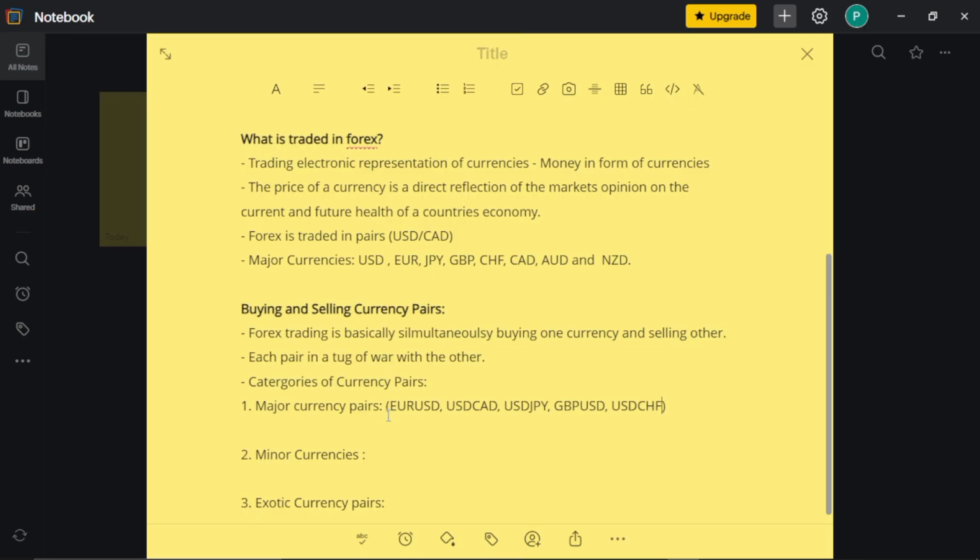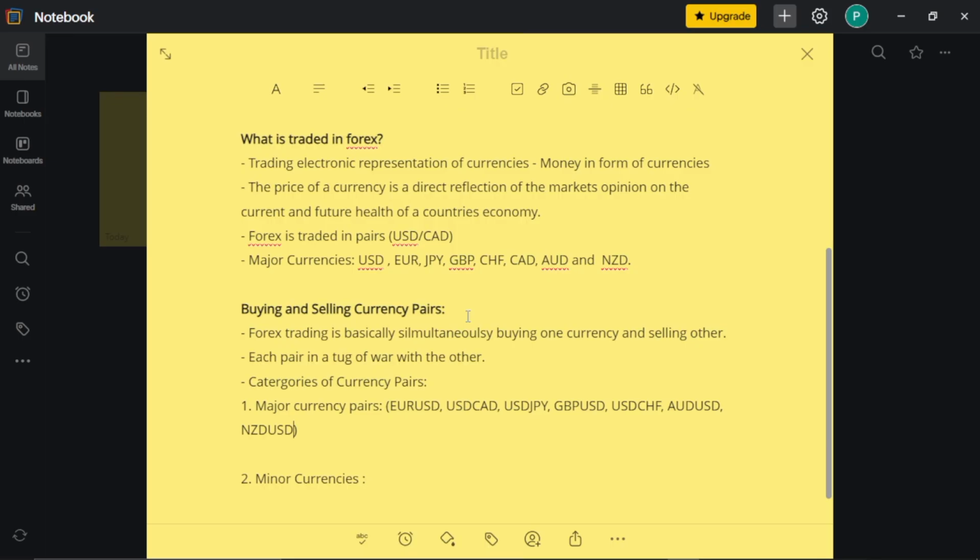Another major currency pair, if you watch, they are all here, right? AUD USD, another major currency pair. And we have the NZD USD, another major currency pair. So they are like 1, 2, 3, 4, 5, 6, 7. So you have 7 major currency pairs, right?